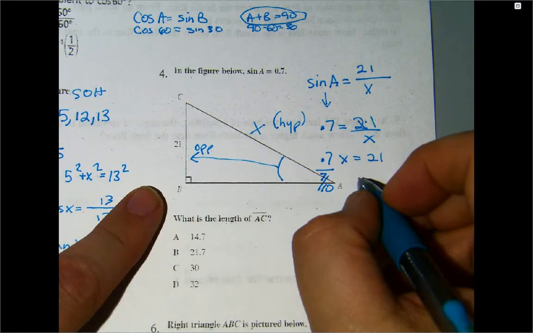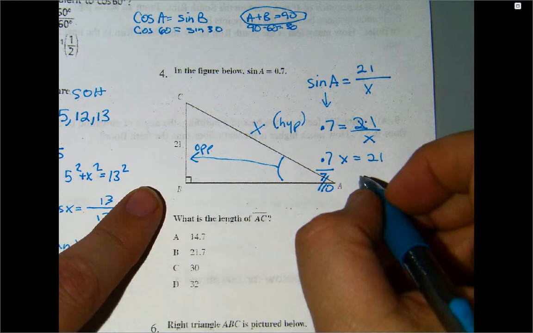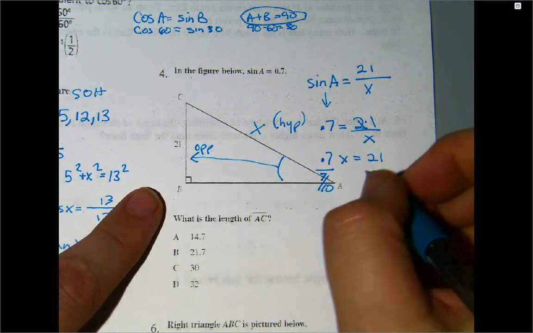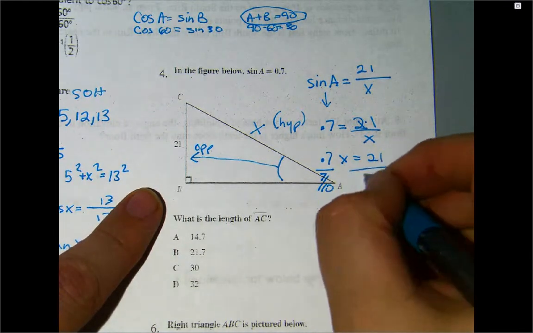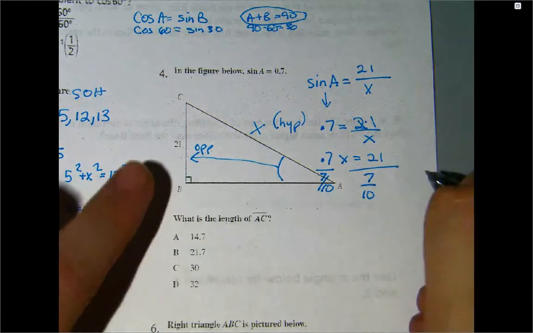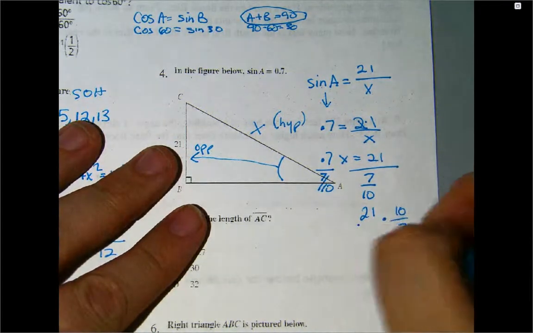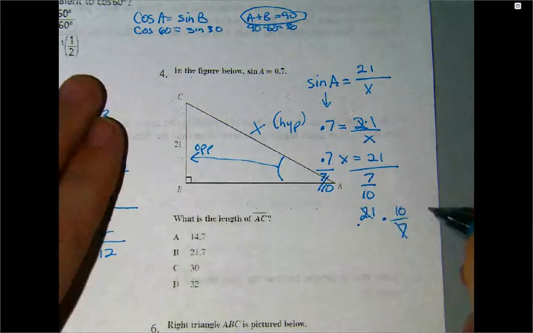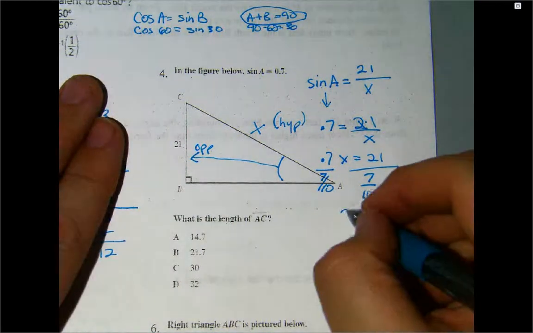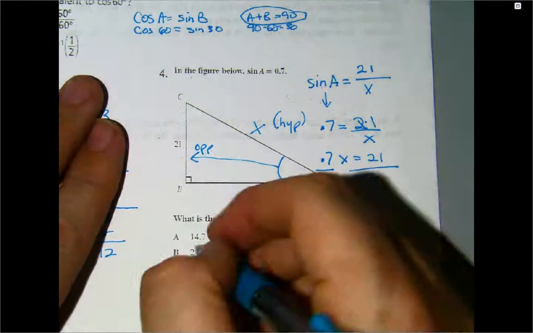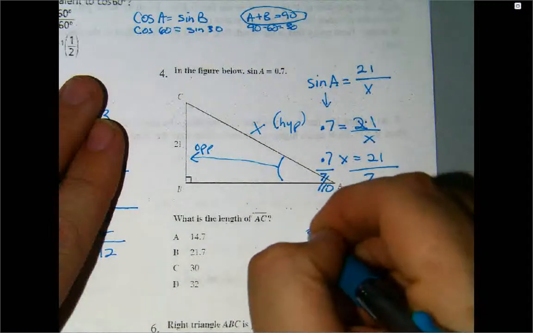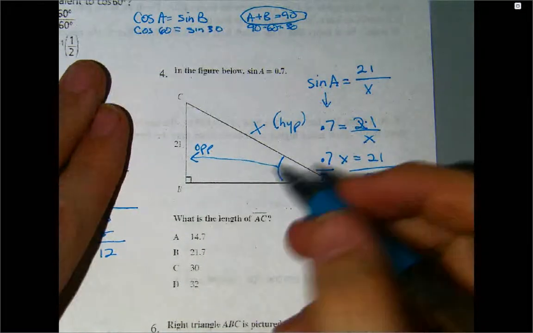Yeah, that's the decimal as a fraction. And since I don't have a calculator here, I want to do things kind of quickly. I'm just going to say, all right, I've got to divide this by 7 over 10, which means 21 times 10 over 7. 7 divides into 21 how many times? 3. 3 times 10 is 30, so this is equal to 30. Is there one of them that's 30? Yeah, C, right off the bat.